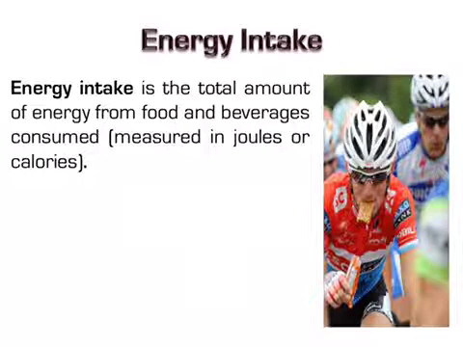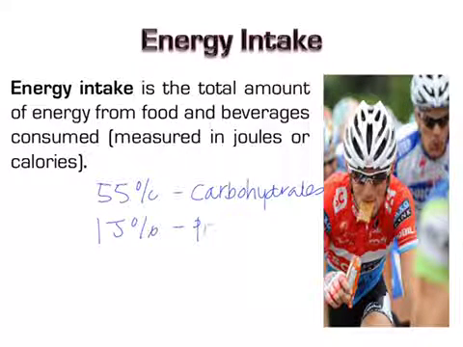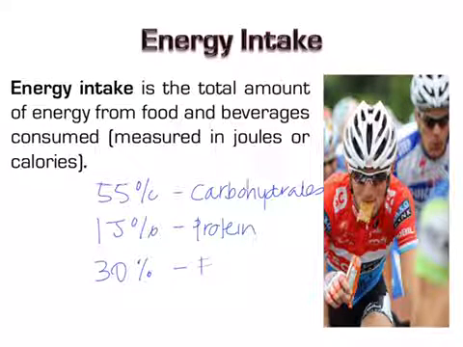And remember that we mentioned last week that the recommended diet for an average individual is important for health, and 55% of energy intake should come from carbohydrates, which are our main source of energy, particularly starch. 15% should come from proteins, those amino acids, which are important for growth and repair, and 30% fats, and ideally unsaturated fats.